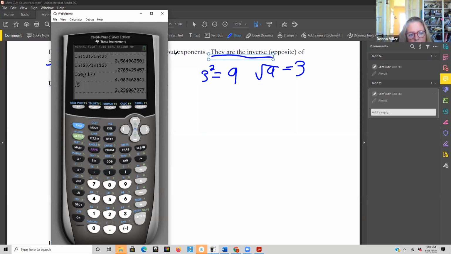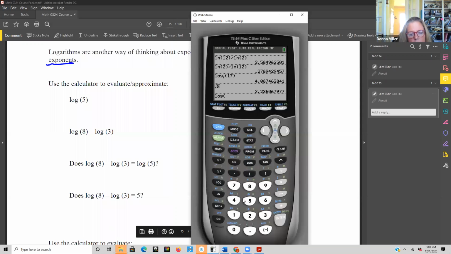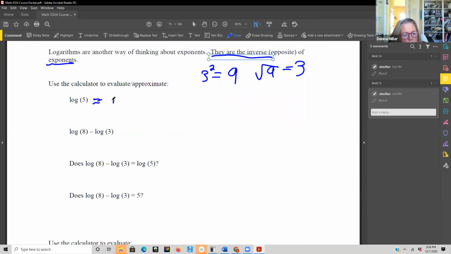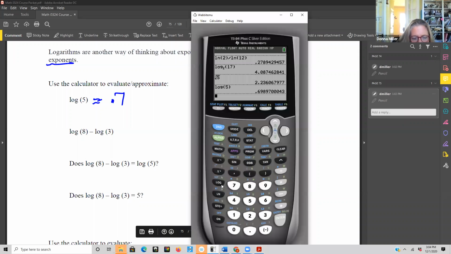So if I want the log of 5, I can plug it in the calculator. Log of 5 is 0.69, I'll just say 0.7. Now if I do the log of 8 minus the log of 3, I'm going to plug it in the calculator, just like so, and I get 0.426.